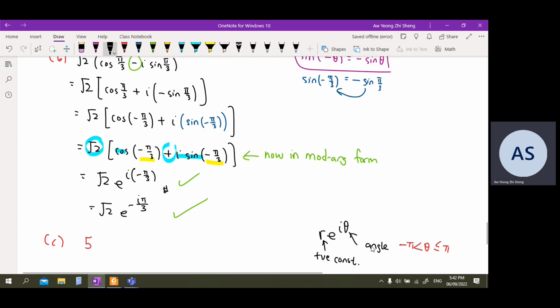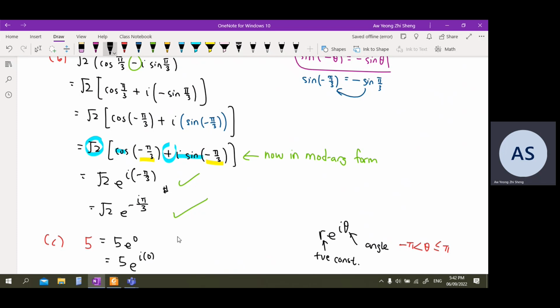Okay, so the easiest way to do question C here is to realize that 5 can be written as 5 times e power 0, because e power 0 is just 1. Then I can also write 0 as I times 0, because I times 0 is still 0. But now 5 e to the I0 is already in the exponential form. You already have your 5 as the r, the positive constant that you need.